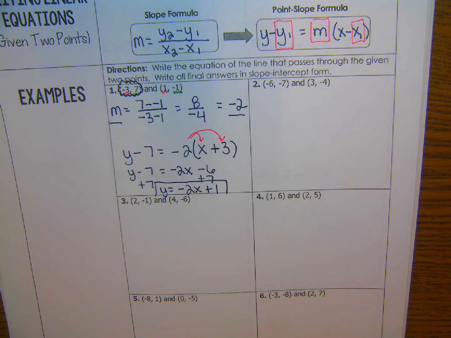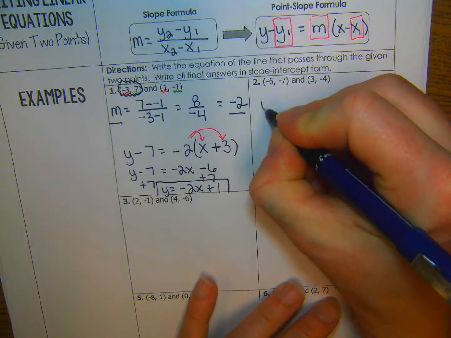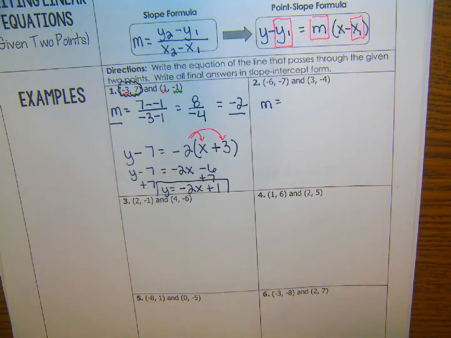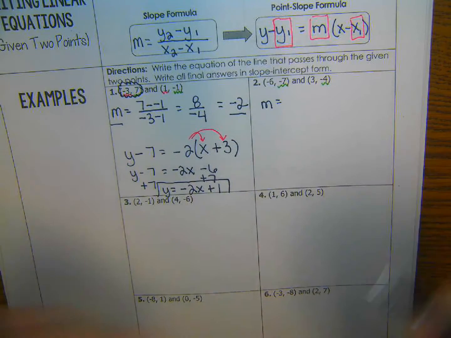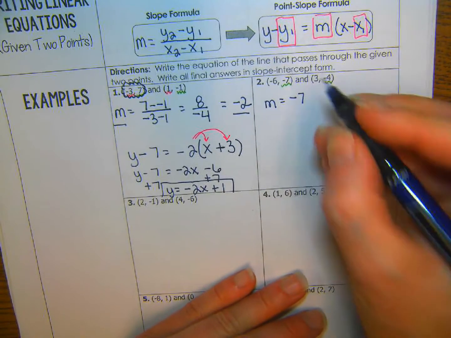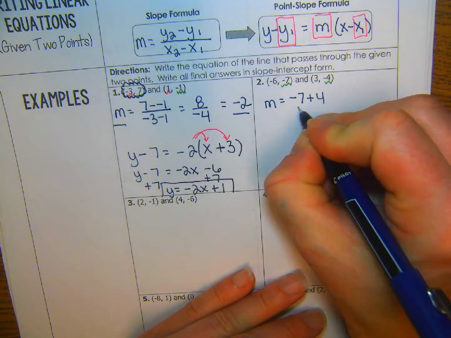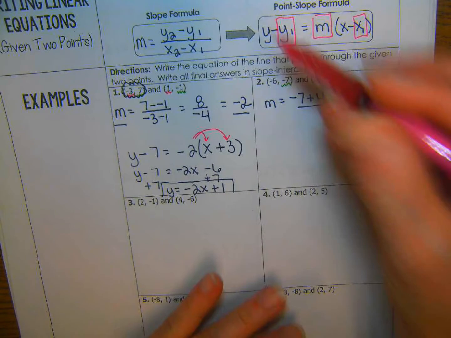All right, here we go. Let's do another one. Number 2. What do we got to do first? Let's find the slope. So I have -7 minus a -4, or -7 plus 4. On the bottom, so I started there.